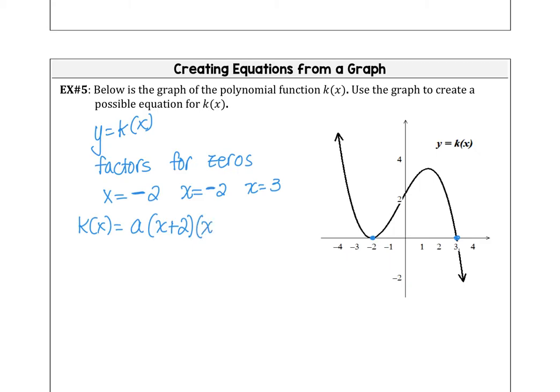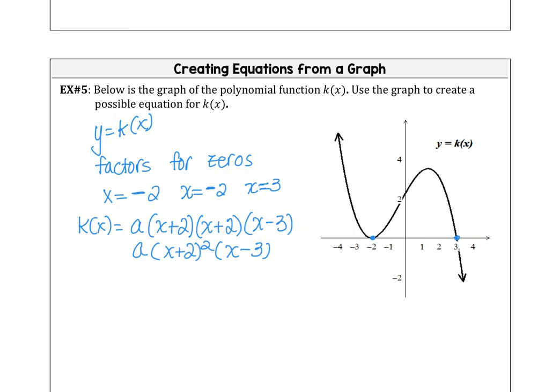And if we add 2 to the other side, we have another x plus 2. And in this case, +3, we're going to subtract 3 and get a factor of x minus 3, because I'm thinking about those factors, turning them back into an equation with x plus 2 squared and then x minus 3.